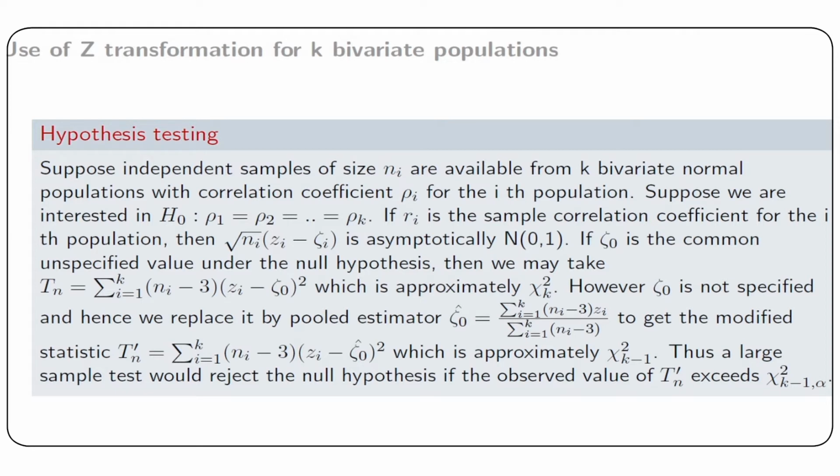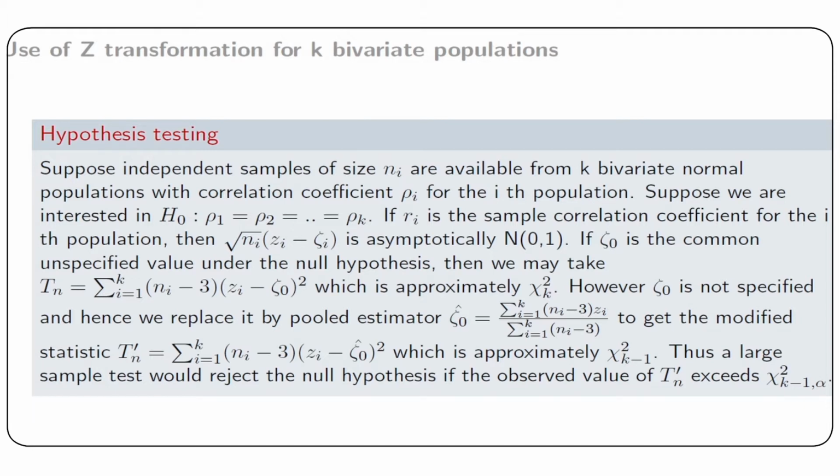Suppose we are interested in the homogeneity hypothesis, which is rho 1 equal to rho 2 up to equal to rho k. If Ri is the sample correlation coefficient for the ith population, then square root of Ni multiplied by Zi minus zeta i, where zeta i is nothing but tan hyperbolic inverse rho i, is asymptotically standard normal.